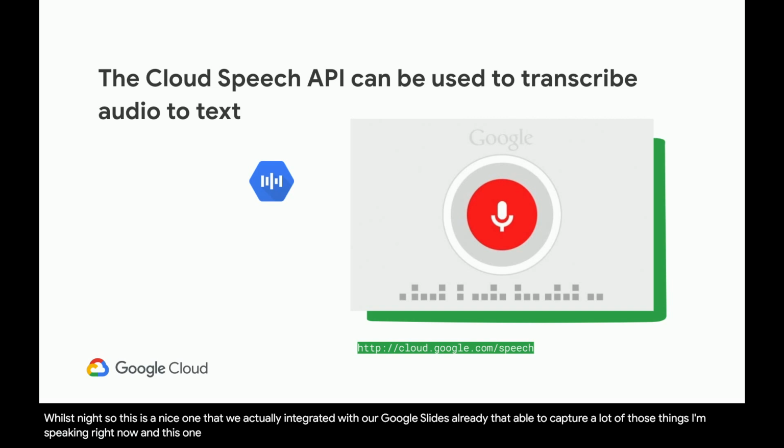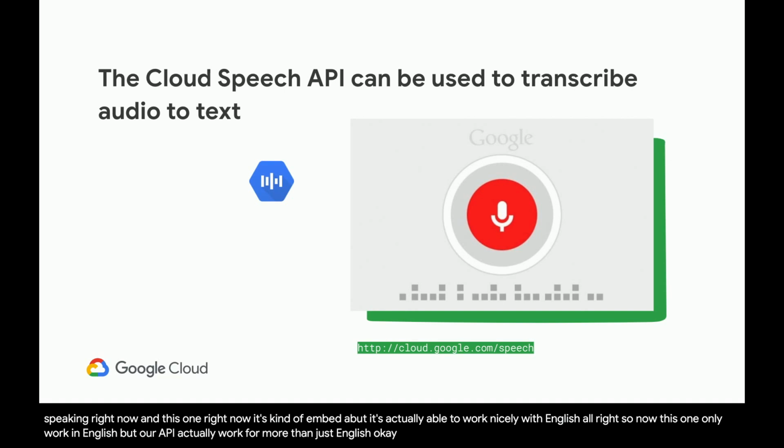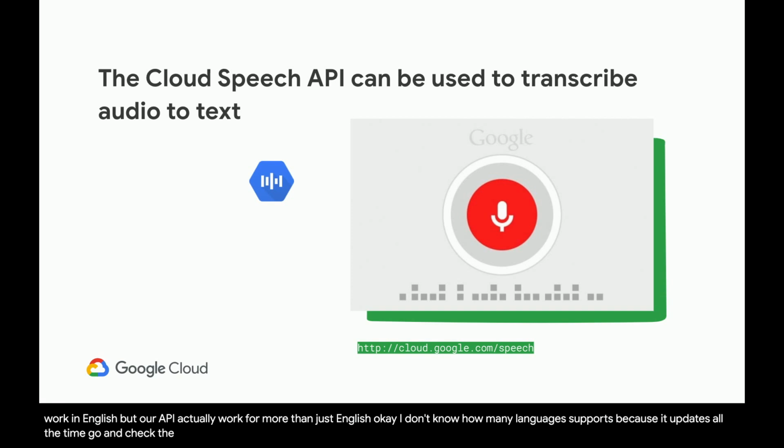It's in beta, but it works nicely with English. This feature only works in English, but our API works for more than just English. I don't know how many languages it supports because it updates all the time. Go and check the documents and you will see.